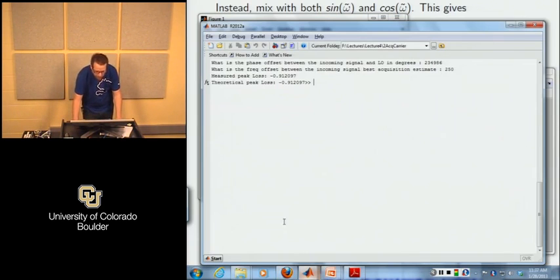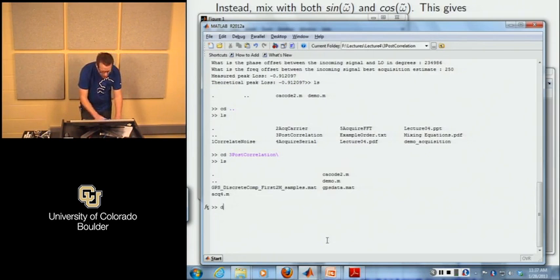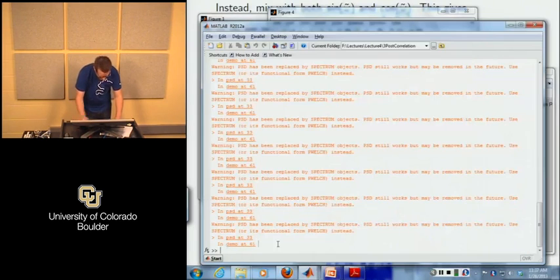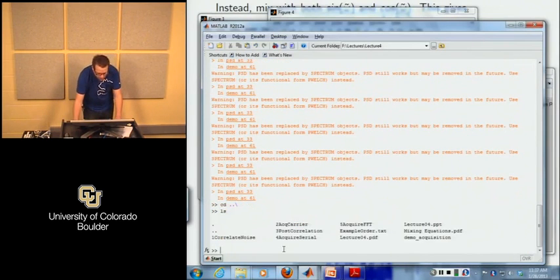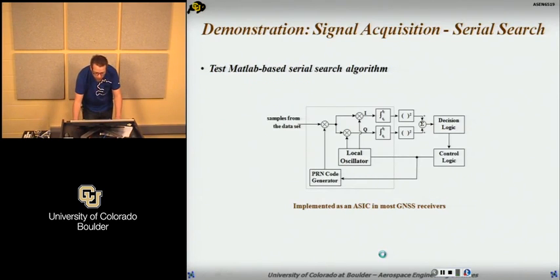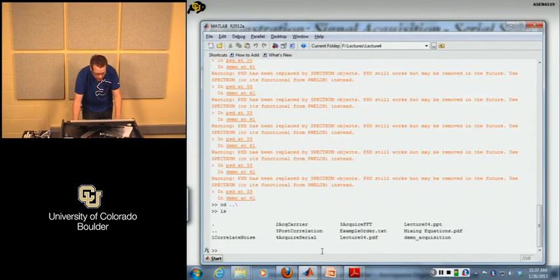Let's keep going. I got plenty of demos today. This one really does. Come on. This is the one. Let's skip that for now, because see, this one talked about serial search algorithm.